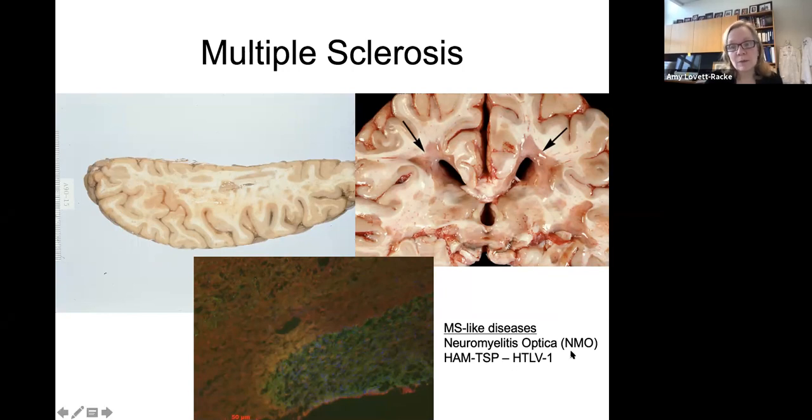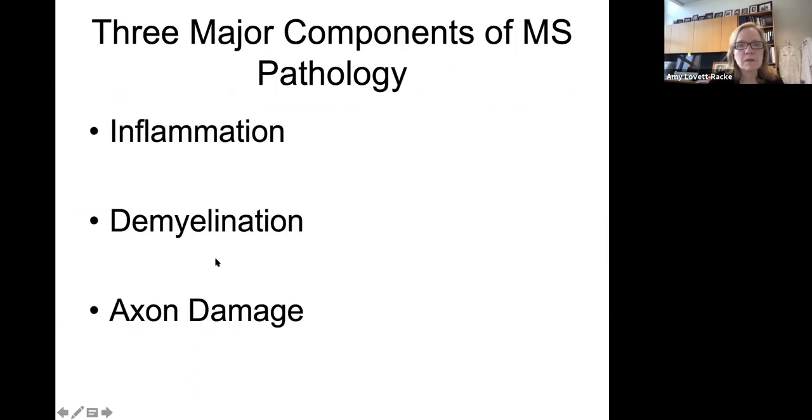Before we discovered HTLV1, these patients were all diagnosed with MS. So MS is a diagnosis where you're ruling out lots of other things and going, okay, we've ruled out this and that, and we're left with this. Whether it's a single disease or just a family of diseases that have a common phenotype, people are still trying to figure out. But again, the major components in EAE and MS are basically the same.